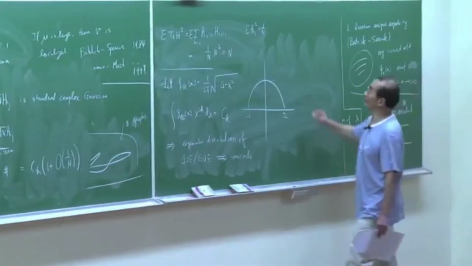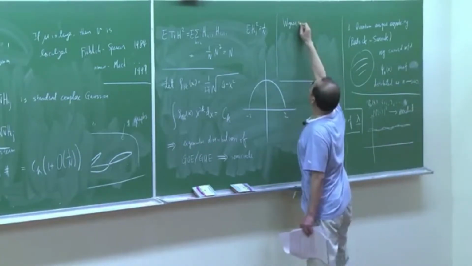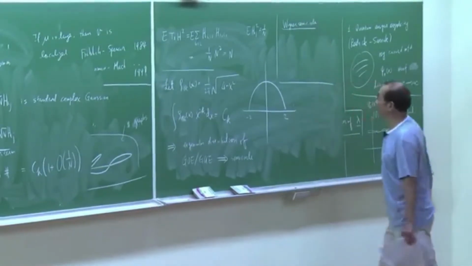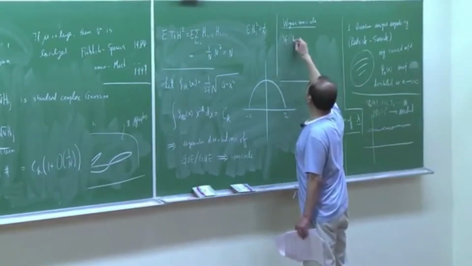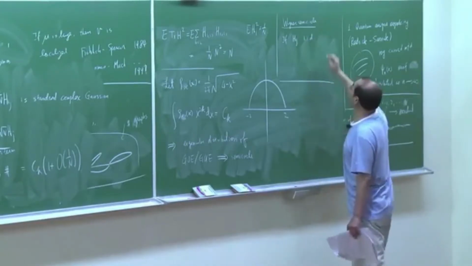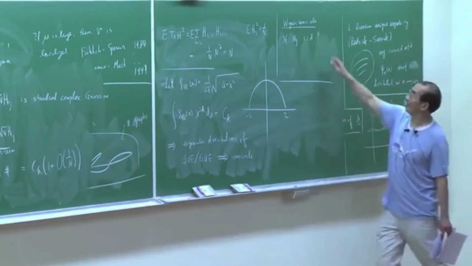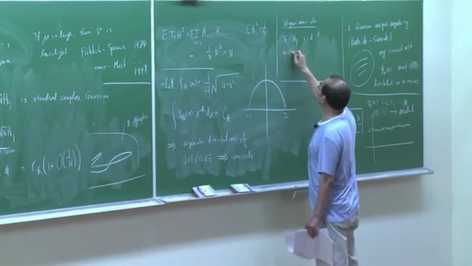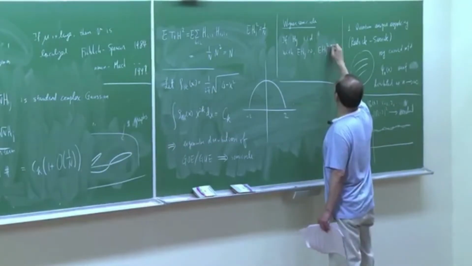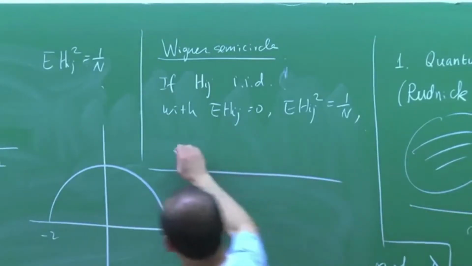The Wigner semicircle law, the real statement, is if the h_ij are IID, but not necessarily Gaussian. You don't have to assume Gaussian. It just has to be IID with mean 0 and variance 1 over n, and there are some other technical conditions.